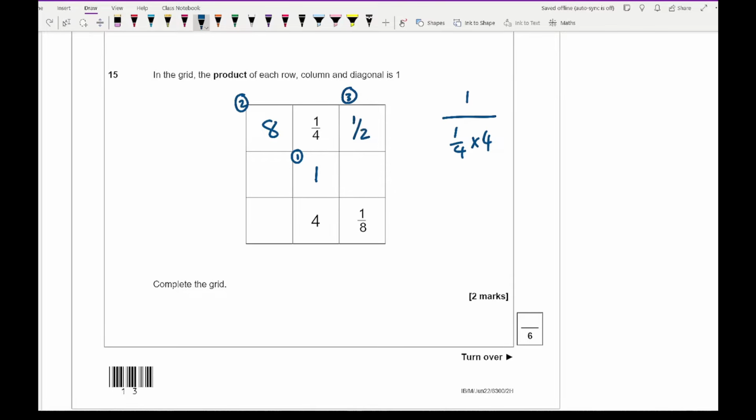I can then work out this box here, so I do 1 divided by a half times an eighth. You might find it's easier to do without a calculator, but there you go. So 16. I can then work out this one here, and that's going to be 1/16. And the final box to fill in, I do 1 divided by the two boxes I know multiplied together, so 8 times 1/16, and press equals, and I get an answer of 2.